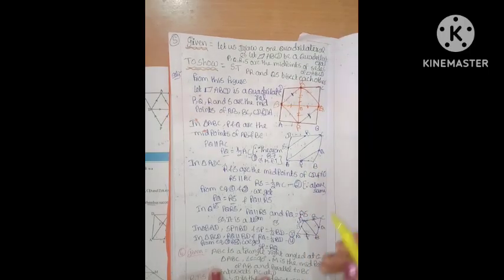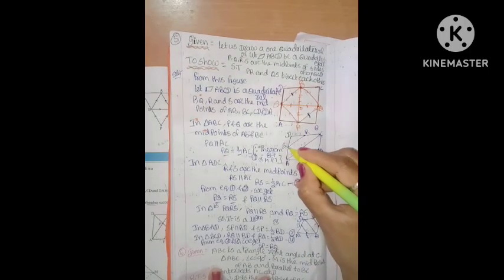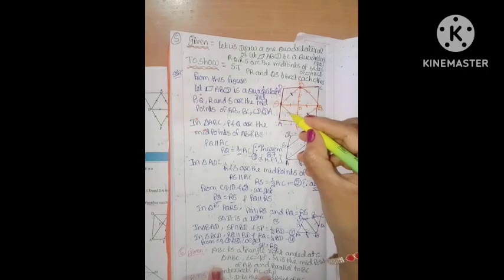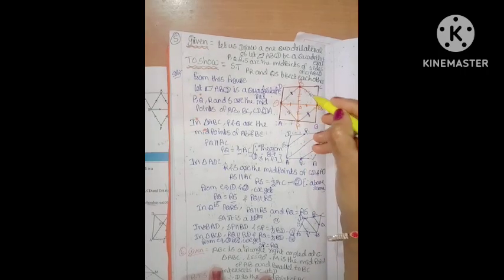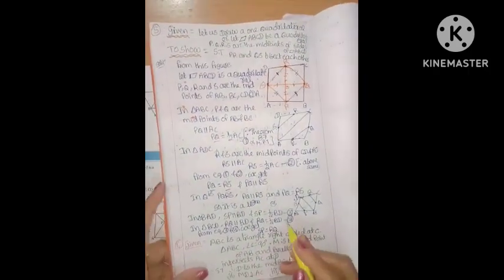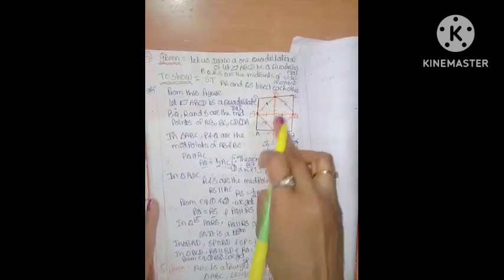It is nothing but this side and this side are also equal. SP is equal to RQ only. So that's why another pair of opposite sides is also equal.